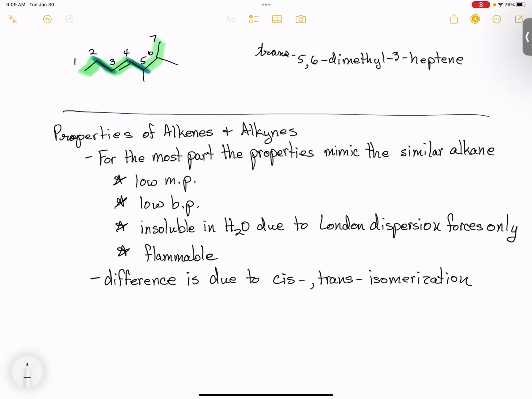And basically, this difference causes different physical and biological activity.